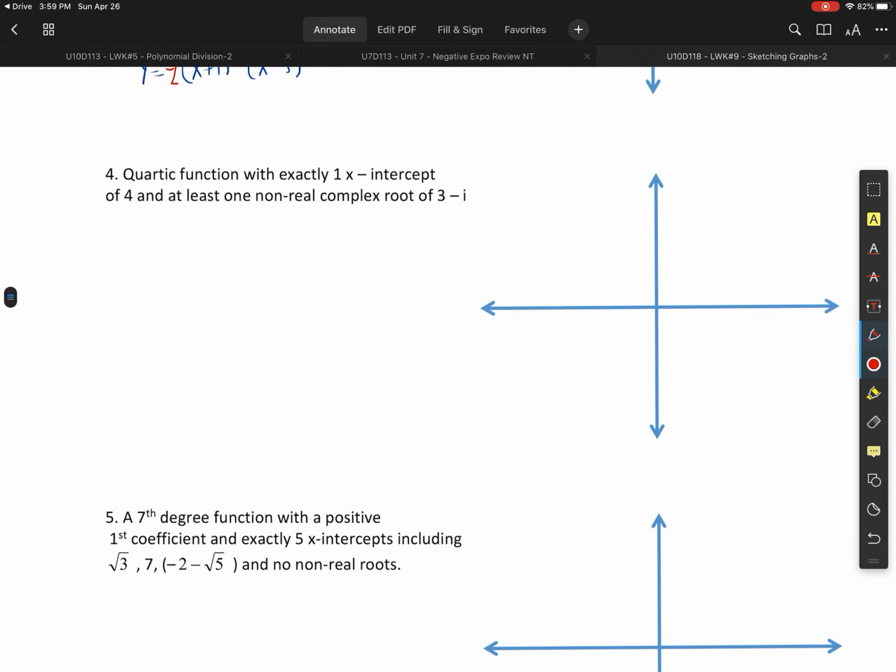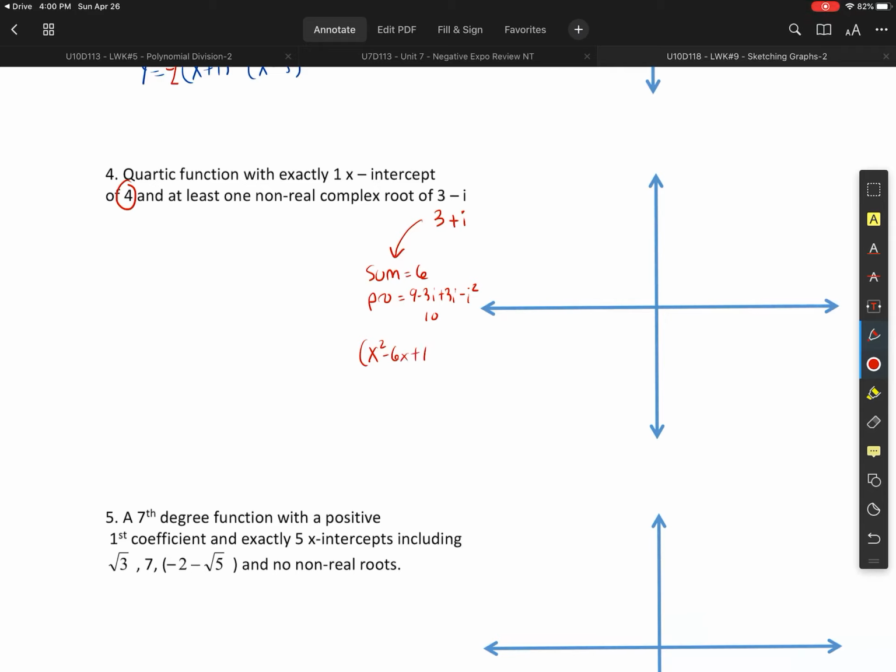Problem 4. Write a quartic function with exactly one x-intercept of 4 and at least one non-real complex root of 3 minus i. Well, then we got 3 plus i. So if we go sum and product here, sum is 6, product is 9 minus 3i plus 3i minus i squared, for 10.